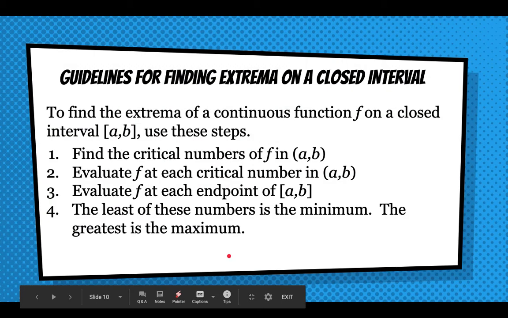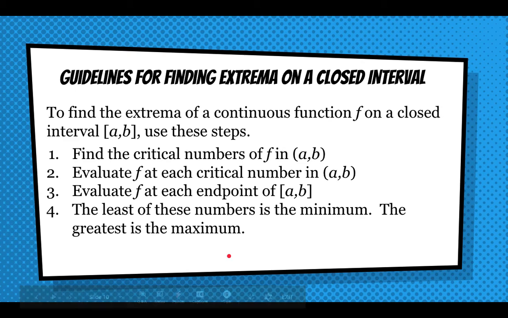So it comes down to this: to find extrema on a closed interval, one of the first things we're going to do is find the critical numbers. In order to find the critical numbers, we're going to take the derivative, find where the derivative doesn't exist, and find where the derivative equals 0.